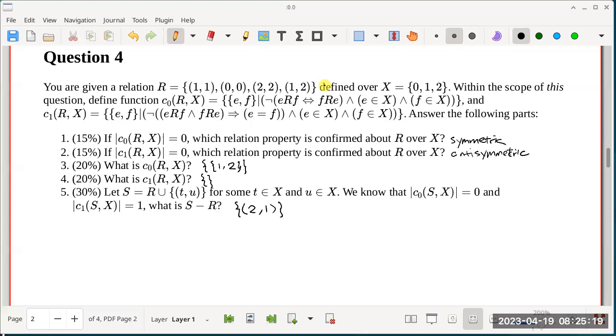But because of that, we also make the relation S not anti-symmetric, because now we can say right here, 1R2 is true and 2R1 is true, but it does not imply that 1 and 2 are the same, because 1 equals 2 is false. So now we have the left-hand side being true, the right-hand side being false. So the implication is false. So this would be the answer for number 4.